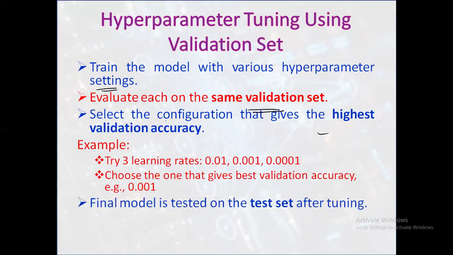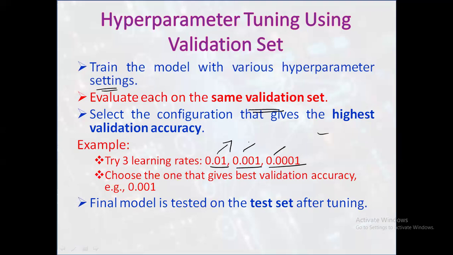And an example, let us consider tuning learning rate. We will consider three learning rates: 0.01, 0.001, 0.0001. Each model is trained separately with one of these rates.